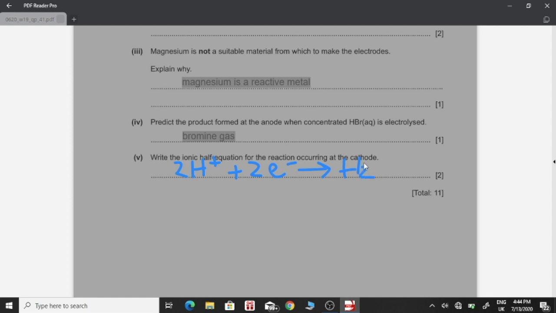So to have two atoms of hydrogen on the product side, we're supposed to have two hydrogen ions on the reactant side. And then we have a plus one charge for each hydrogen ion, and to cancel out two of those charges we need two electrons. So this is why we have the equation as such.